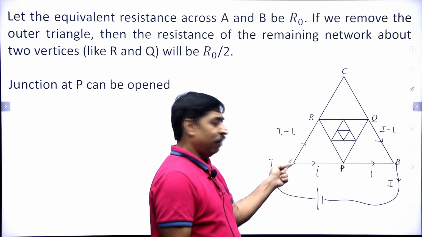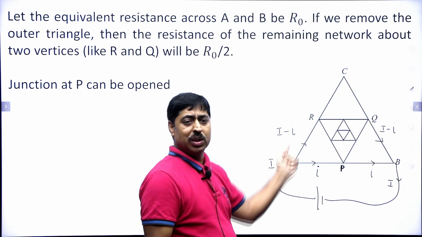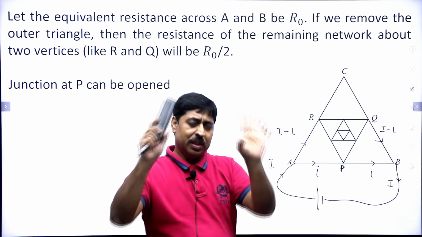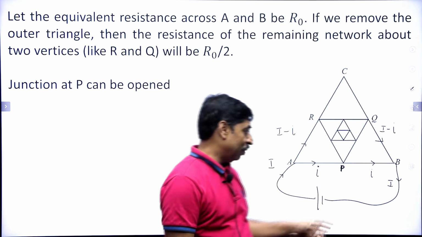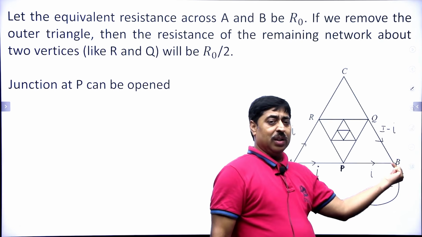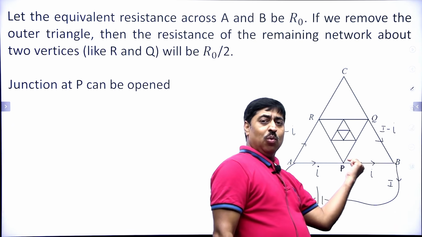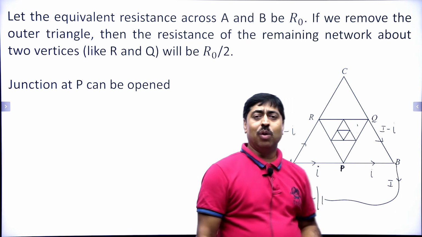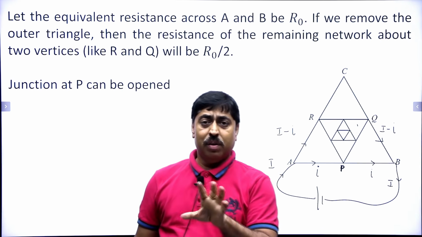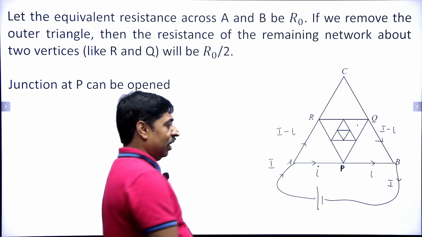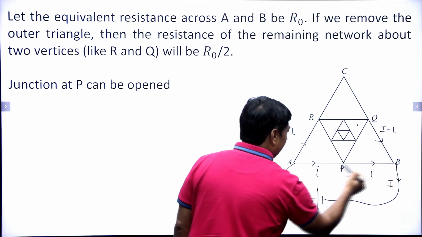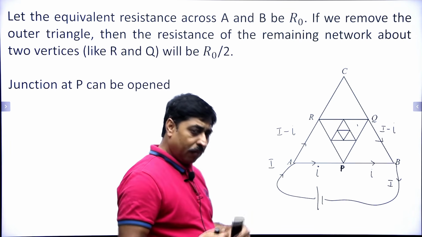So positive 5 coulomb charge enters, 2 coulomb goes this way, 3 coulomb goes this way. This is just an example, 5, 2 and 3 are just an example. So negative 5 coulomb enters from here. So obviously negative 2 coulomb will go there and negative 3 coulomb will go there because of symmetry. So from this we can understand that current here is I and here also it is I.